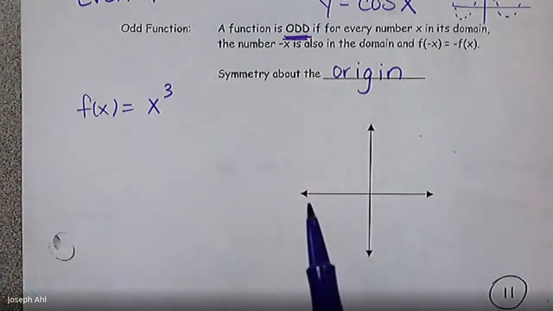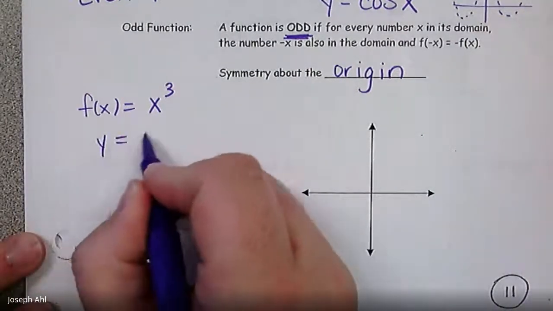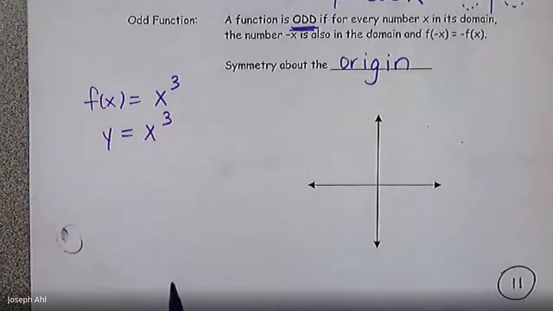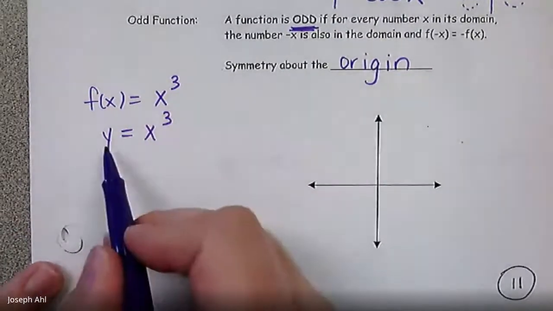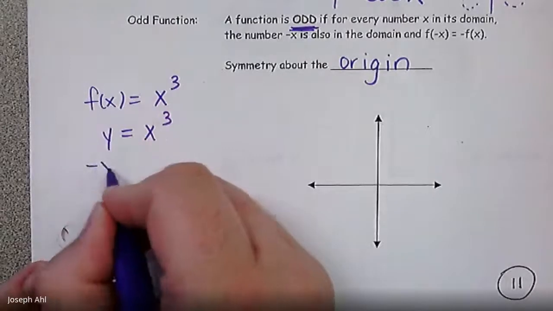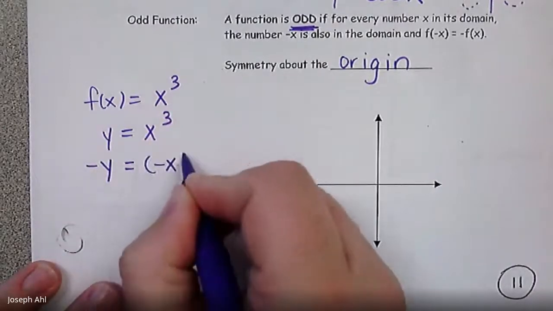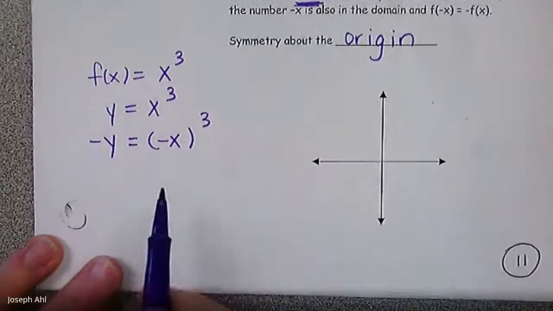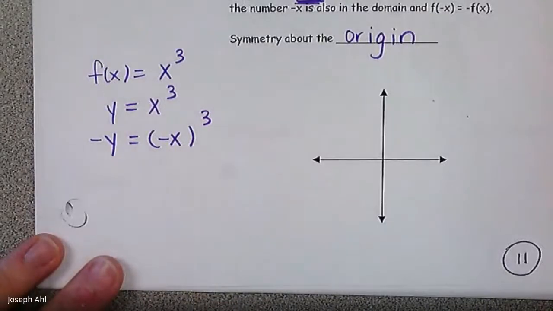Let's prove this using our symmetry test. So we've got y equals x cubed. You not only have to replace x with negative x, but you also have to replace y with negative y. Okay, so do that in this fashion where you have negative y equals negative x cubed.